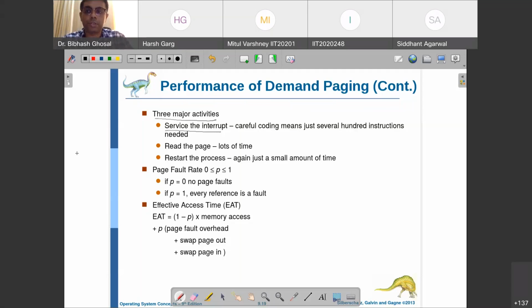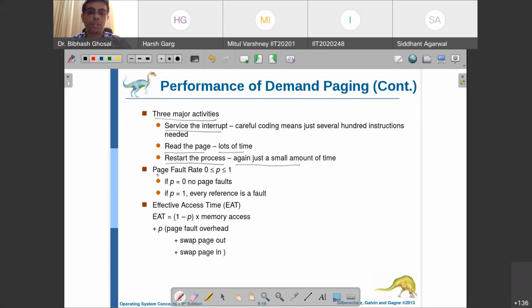That's the first thing to do. Then you read the page, which also takes a lot of time. And finally, the process which was put on hold because the page was being fixed has to be restarted, which is a small amount of time. So the majority of the time is spent in reading the page.